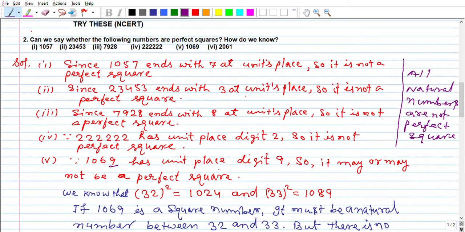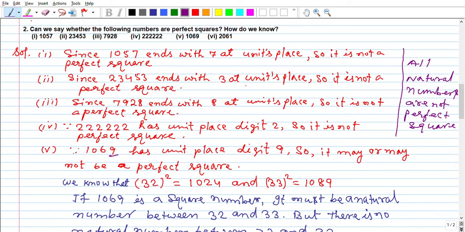So now let's see 1069, which ends in 9. Those who do not have basic knowledge say that it is a perfect square, because the teacher explained in class that a number which ends with digit, and with digit what?